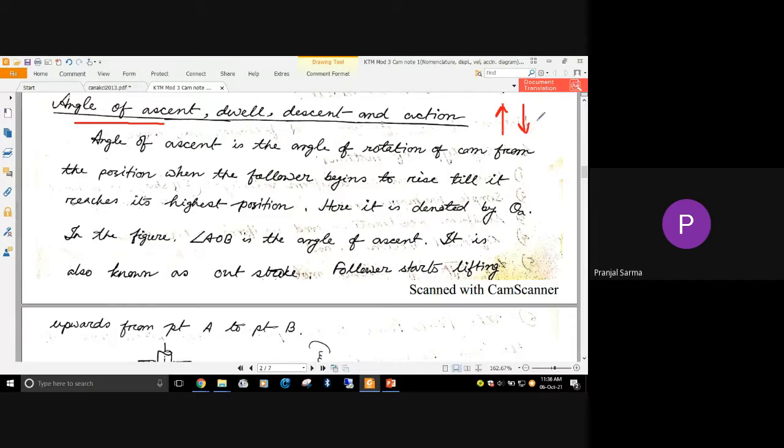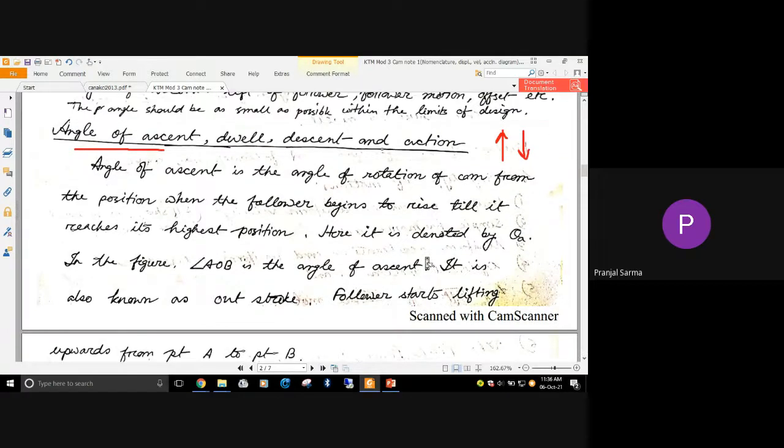So we have seen that depending on whatever the cam profile is, if you're thinking of a reciprocating type of follower, it goes up during a certain interval of time, during certain cam rotation, which is known as the ascent stroke. Sometimes it remains at that particular position, known as the dwell, and after that there will also be a fall, or the descent, going down.